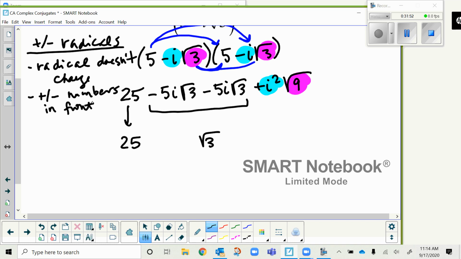So in this case, the radical 3 stays the same. What I'm going to be adding and subtracting is this negative 5i and this negative 5i. Negative 5i, negative 5i is negative 10i. So that goes in front of my radical 3.